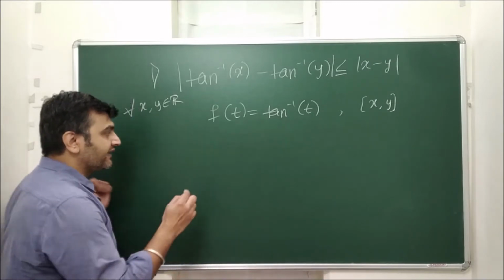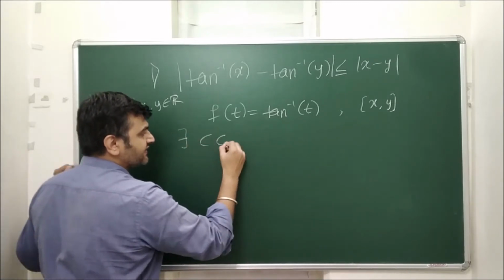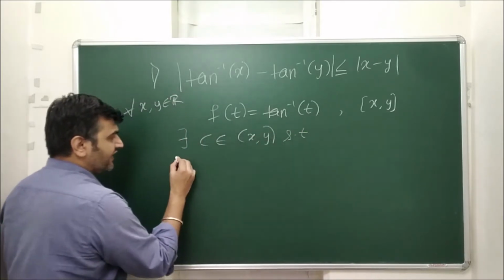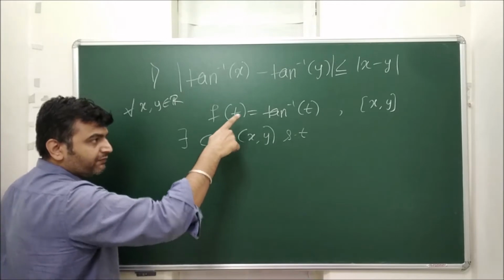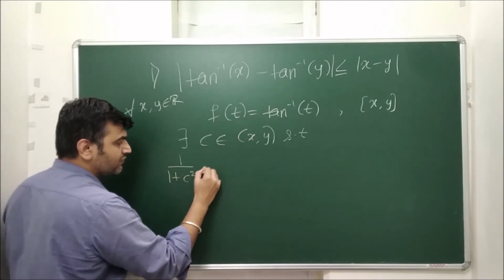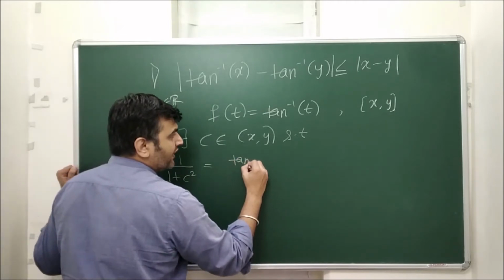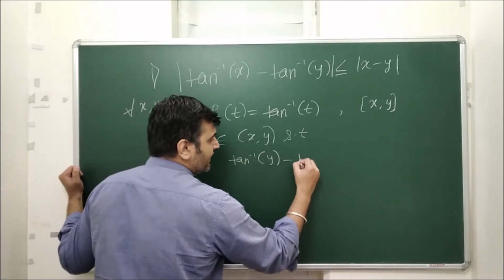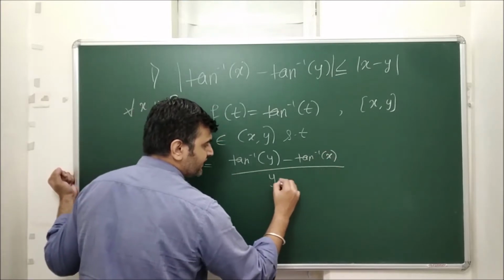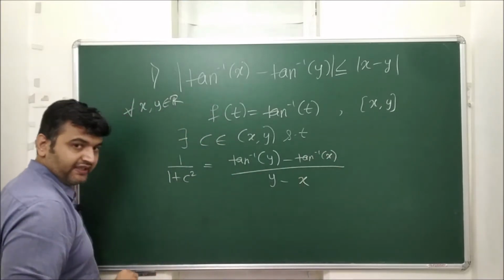Therefore by the Lagrange mean value theorem, there exists c belonging to (x, y) such that f dash of c, the derivative being 1 upon 1 plus t square, so 1 upon 1 plus c square, is equal to f of b minus f of a upon b minus a. Correct?